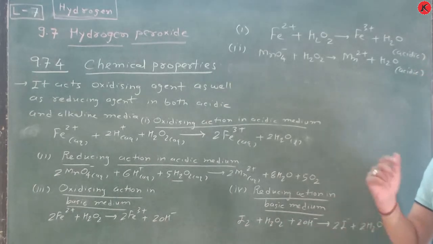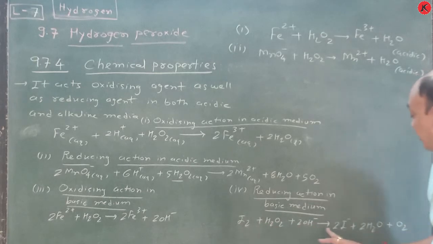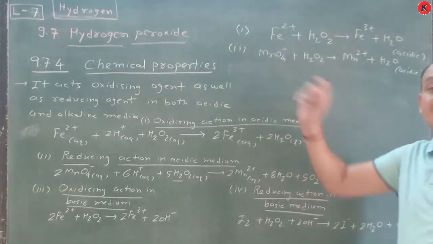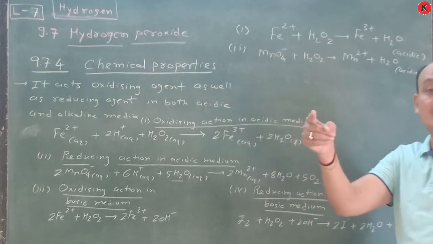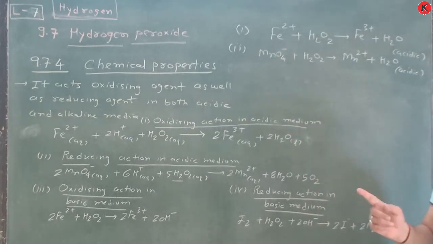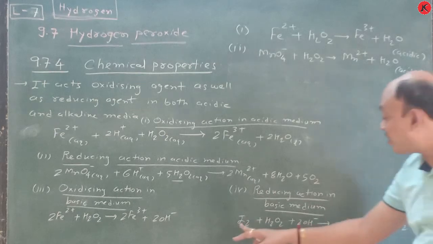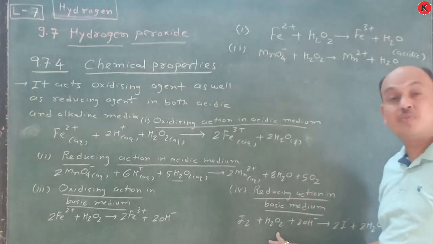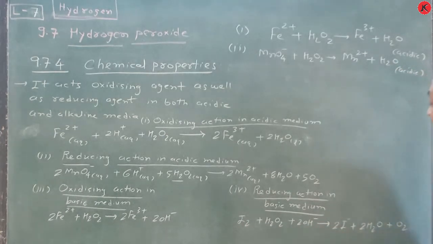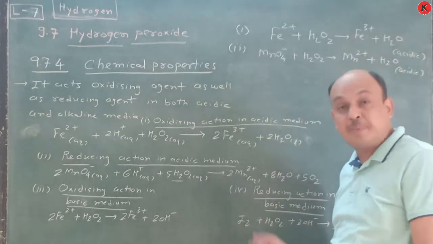The plus 2 electron is on which side? The reactant side, and that's why it acts as an oxidizing agent, and this H2O2 works as a reducing agent in a basic medium. So this is all about the chemical properties of hydrogen peroxide.